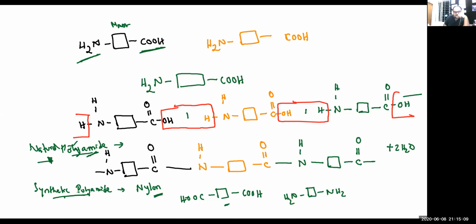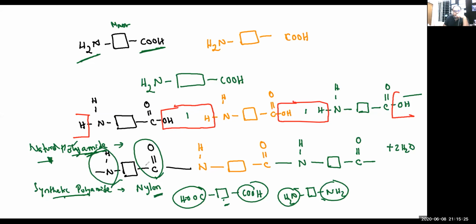So in a synthetic polyamide there are two monomers: one has carboxylic acid on both sides, one has amine on both sides. In natural polyamides, the carboxylic acid and amine are on the same monomer. So we are done with the chemistry O-level syllabus.